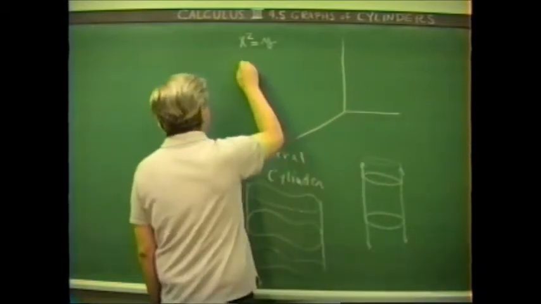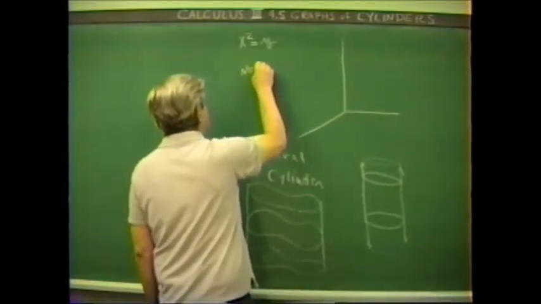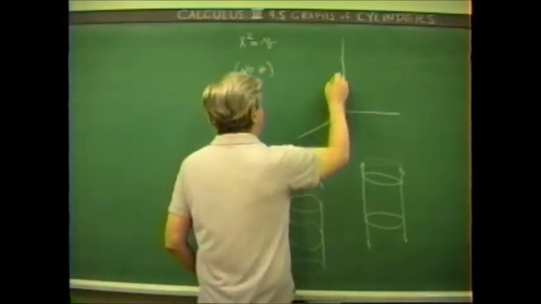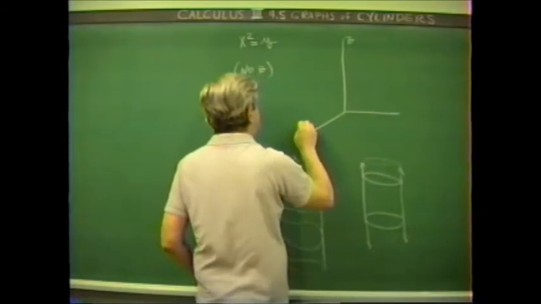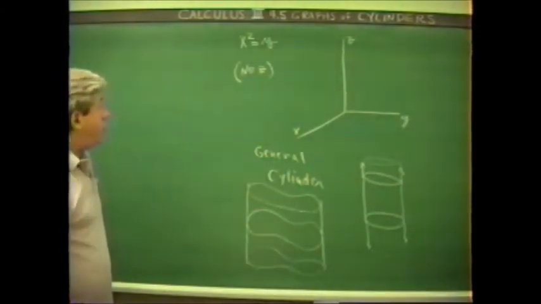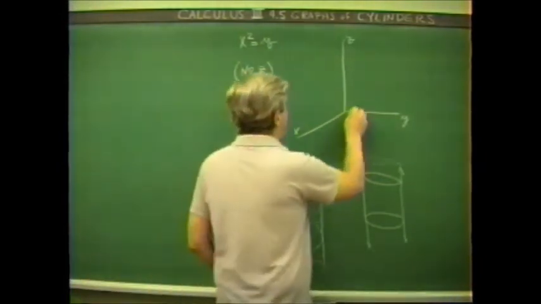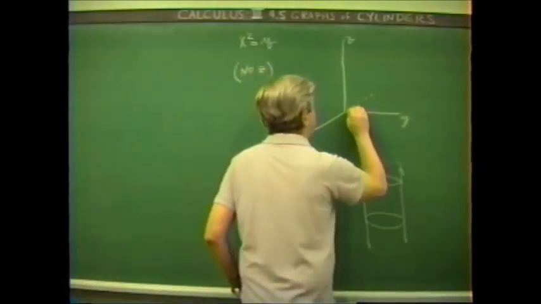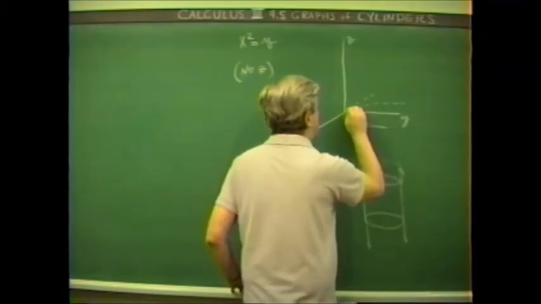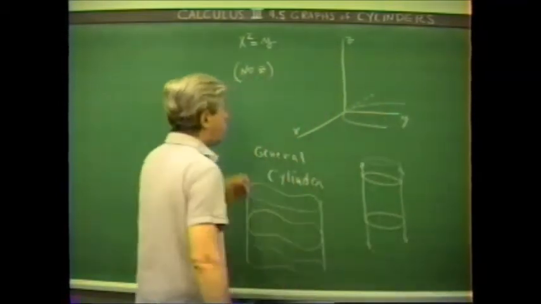Well, there's no z here, huh? So if we draw the graph when z is equal to 0, that's to say the trace in the xy plane, we get y equals x squared, and it's going to look like a parabola, like so, in the xy plane.